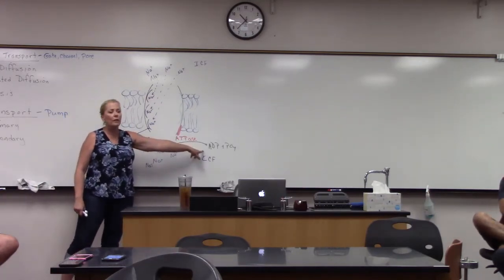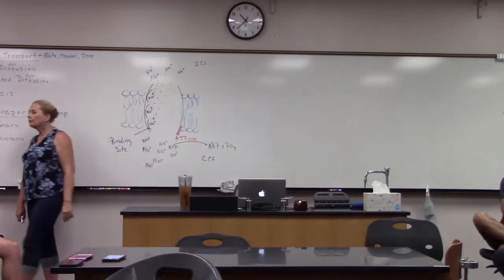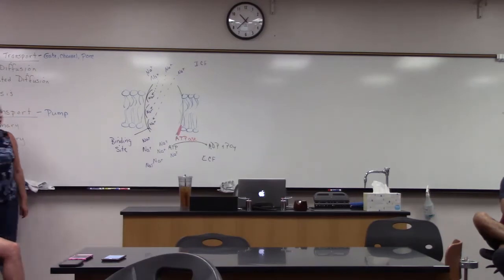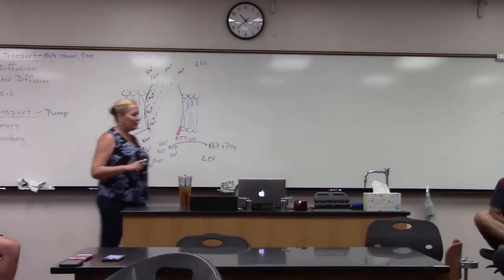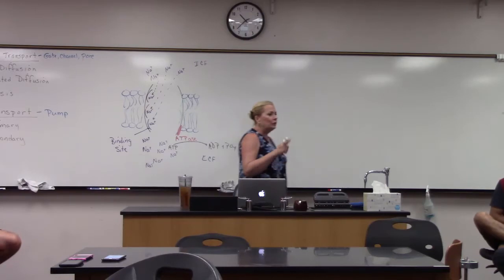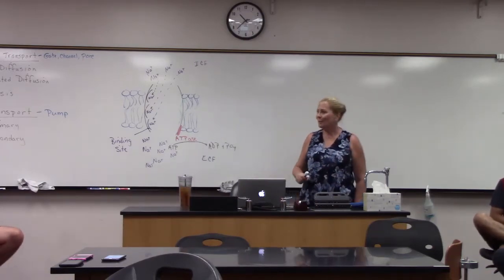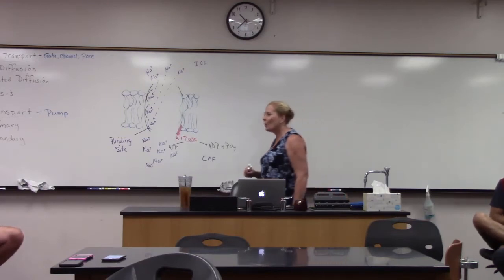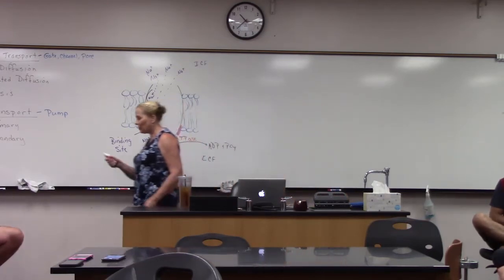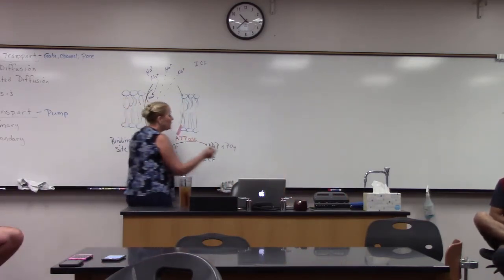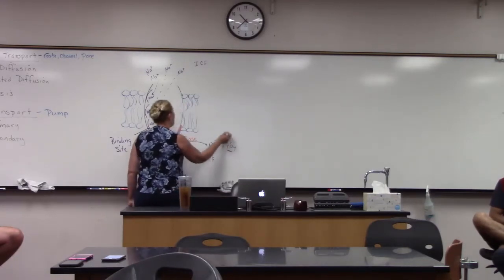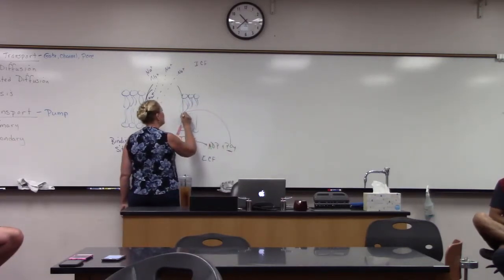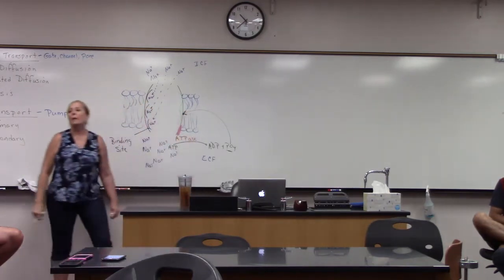We pull a phosphate off and we have ADP and a free phosphate. Remember, we use phosphates from ATP to change the shape of proteins. Those phosphates, when they attach to the protein, will break hydrogen bonds and cause the protein to change shape, and that's what's going to happen. This phosphate here is going to come back and bond to our protein pump.